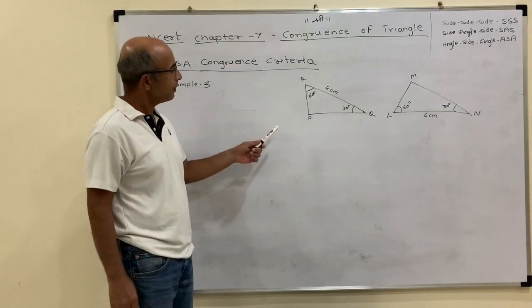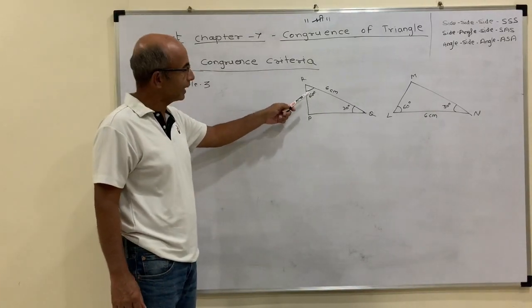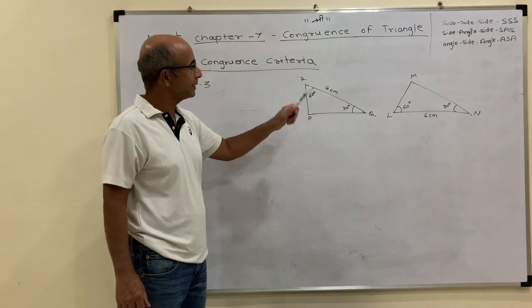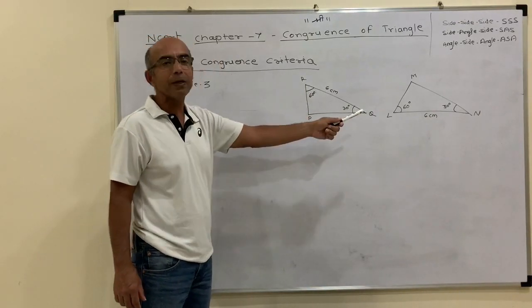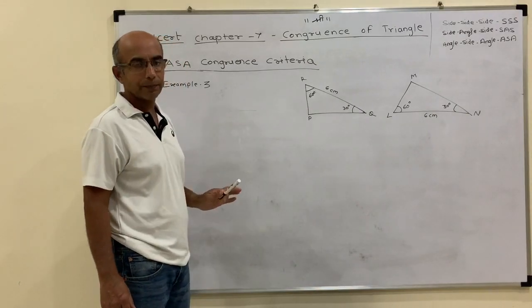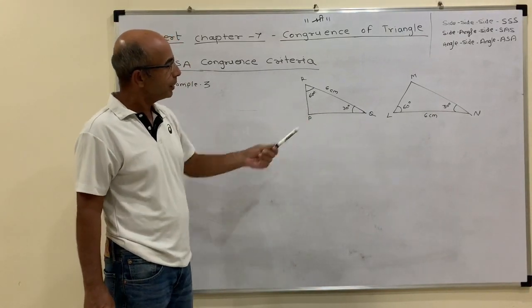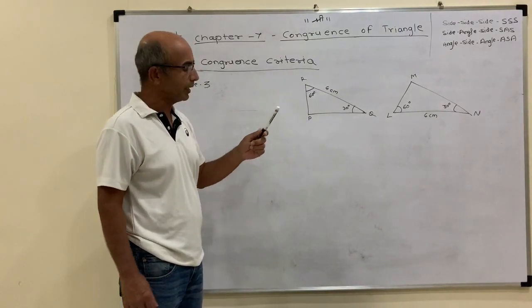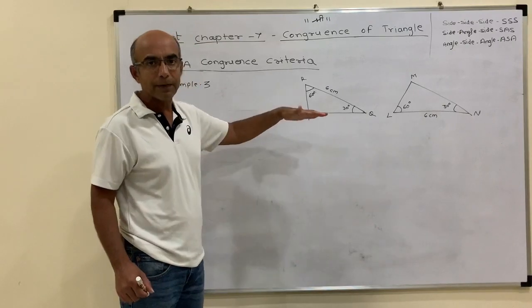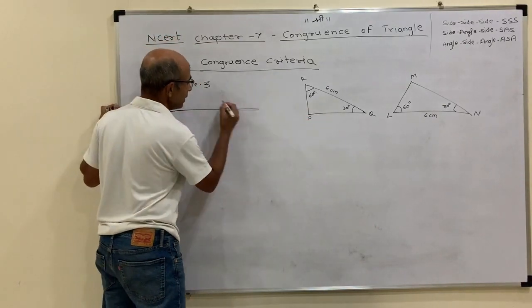This is my triangle PRQ, where angle R is 60 degrees, angle Q is 30 degrees, and the side in between them is 6 centimeters. Now the other triangle MLN, angle L is 60 degrees, angle N is 30 degrees, and the side between them is 6 centimeters. So we'll again solve the problem.